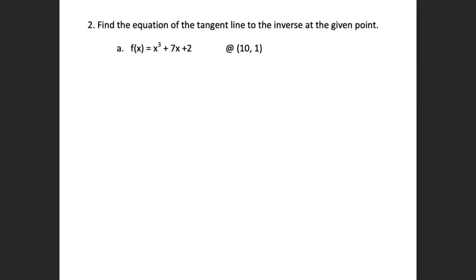Okay, so if I went back to this problem, I know the formula is 1 over f prime of the inverse. That's what it's saying. So I know I need the derivative. Okay, so f prime is equal to 3x squared plus 7, right?